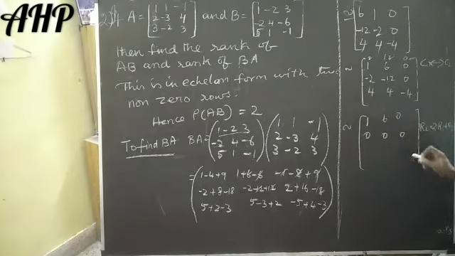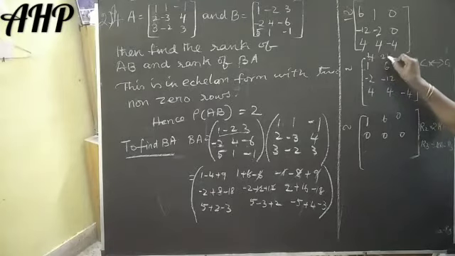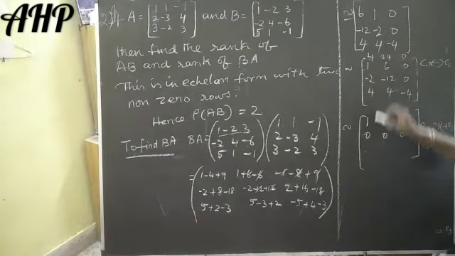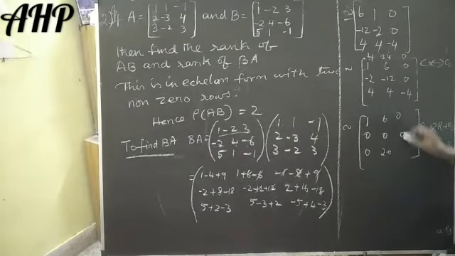Then to make this place a 0, R3 is equal to 4R1 minus R3. So multiplying this by 4, we are going to get 4, 24, 0. So 4 minus 4 is going to be 0. 24 minus 4 is going to be 20 plus 4.